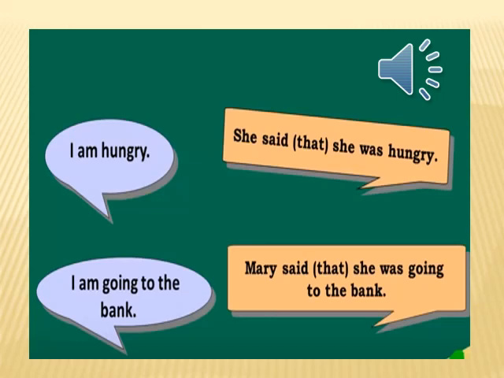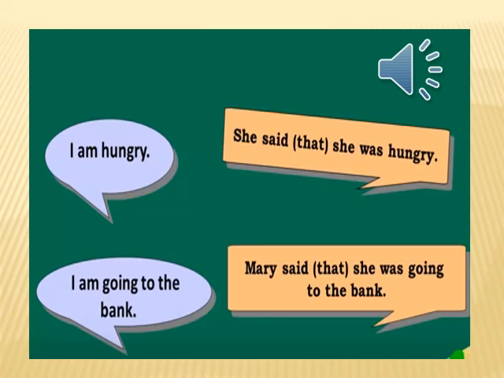And there is another change also. What else has changed in this sentence? Yes, the tense of the verb. In my example, the tense was I am hungry, which is present. But when we changed it into indirect speech, we changed it into past. She was hungry.